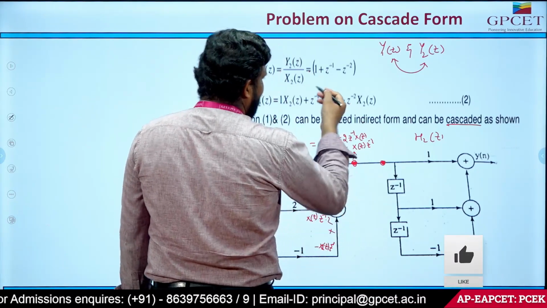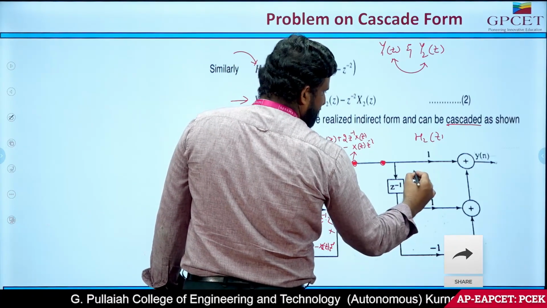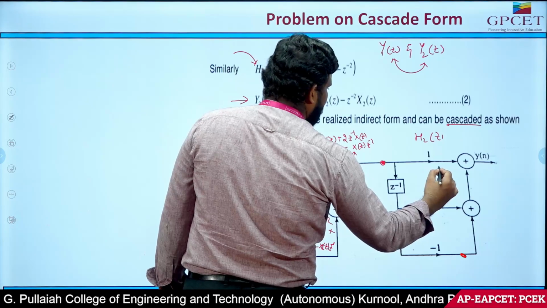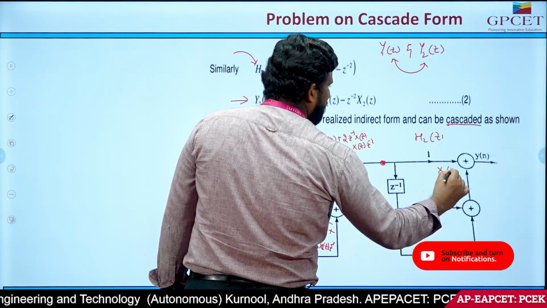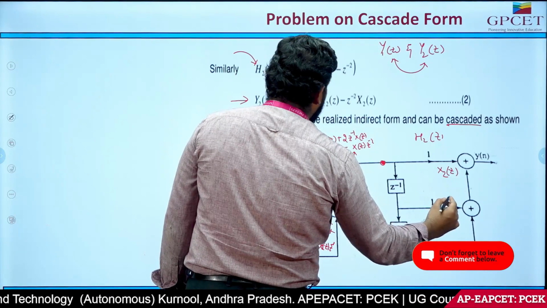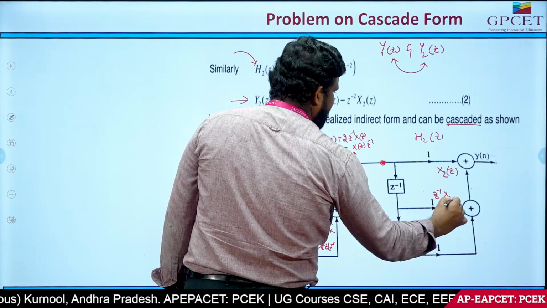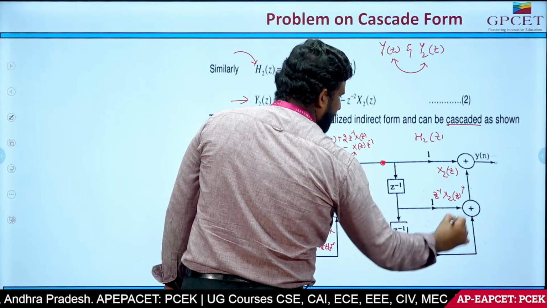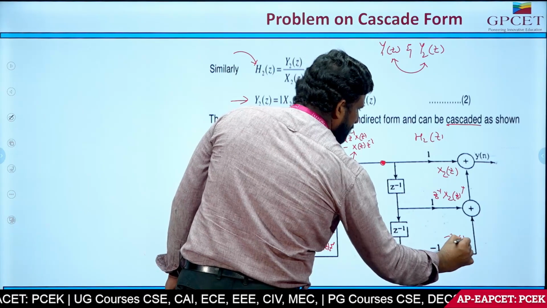Now similarly, the second equation also. See here, this is the first term I am going to get. What is the first term? X2 of z, and here I am going to get z inverse X2 of z, and here I am going to get minus X2 of z, z inverse.